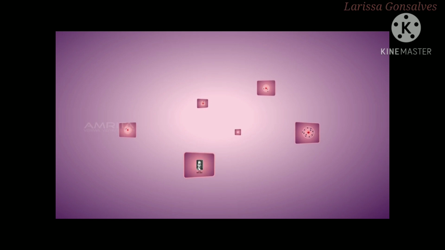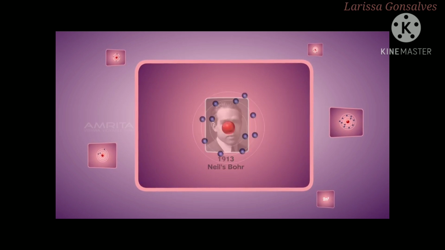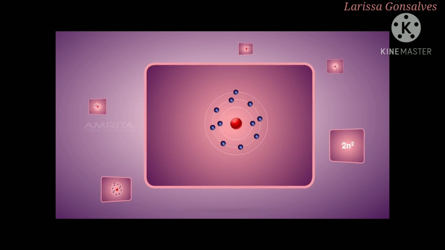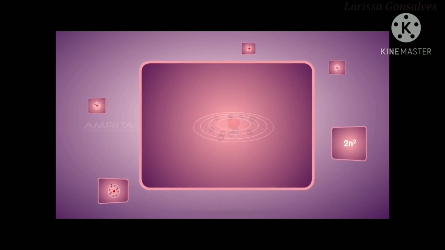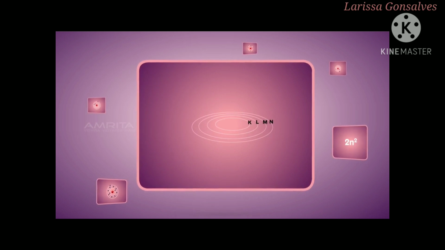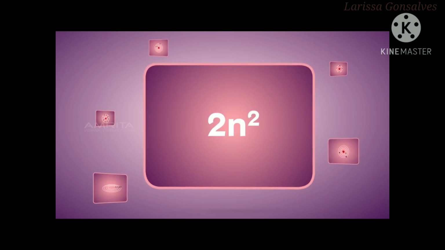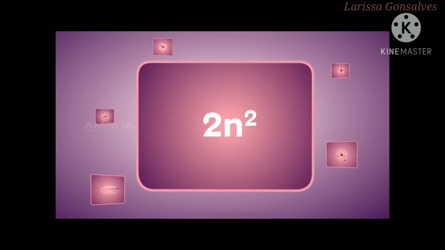Things to remember. In 1913, a Danish physicist, Niels Bohr, proposed an atomic model known as Bohr's atomic model. In an atom, the electrons revolve around the nucleus in definite energy levels called orbits or shells. The maximum number of electrons that can be accommodated in a particular orbit is 2n to the power of 2.